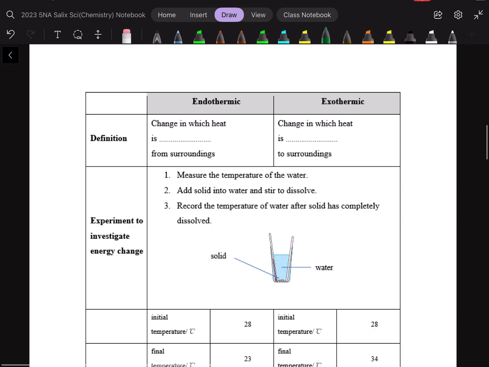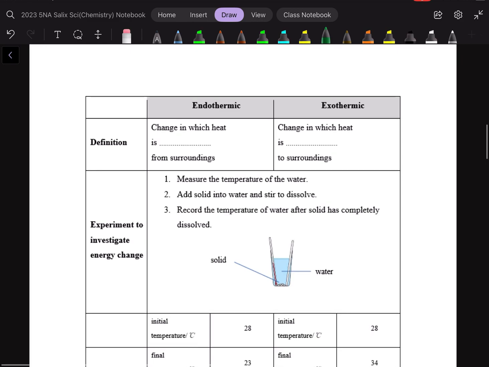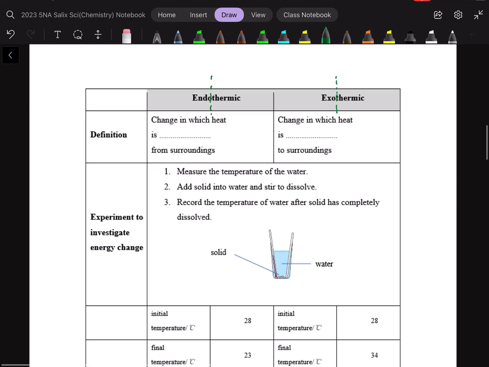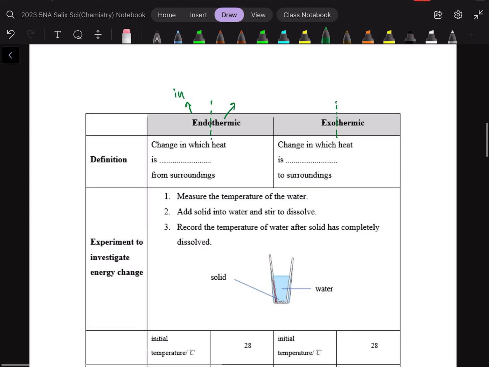Like I mentioned just now, when you break this word into two, endo means in, thermic means heat. Exo means out. So sometimes we say insects have an exoskeleton because their skeleton is outside their bodies, or even some shellfish.